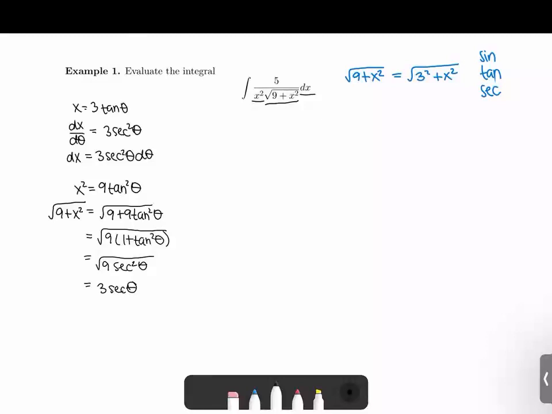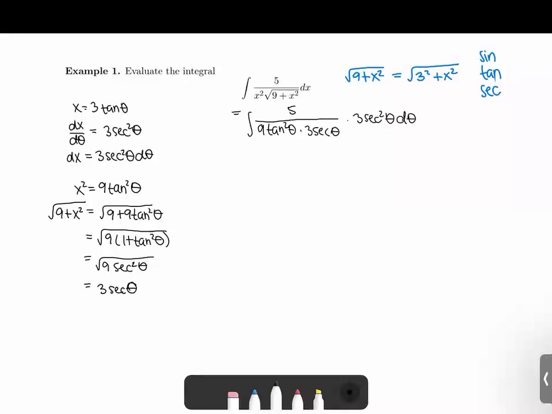So this is going to be 3 secant theta. I can rewrite my square root and everything, so rewriting my integral is a little bit simpler. Let's rewrite this integral using all of these substitutions. On the bottom I have 9 tangent squared theta times 3 secant theta, on top I have my 5, and my dx is 3 secant squared theta d theta.